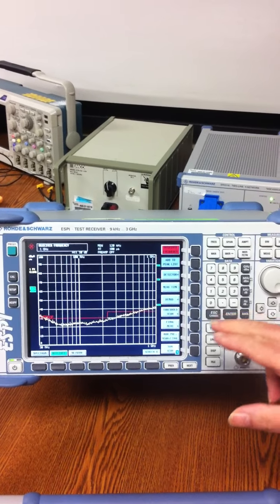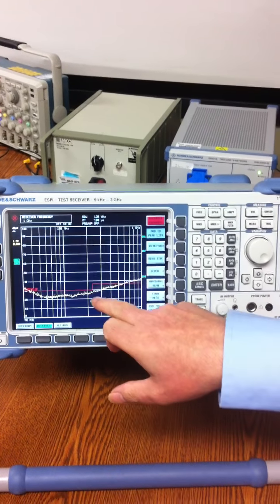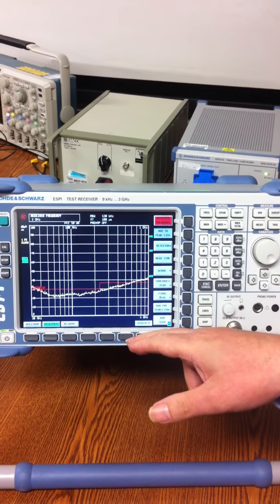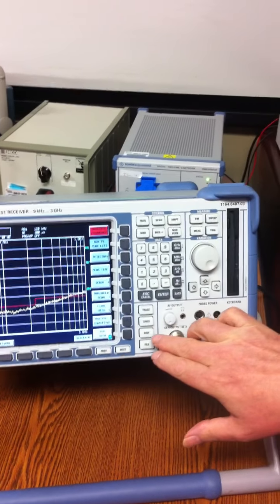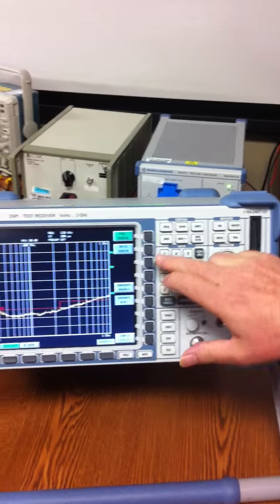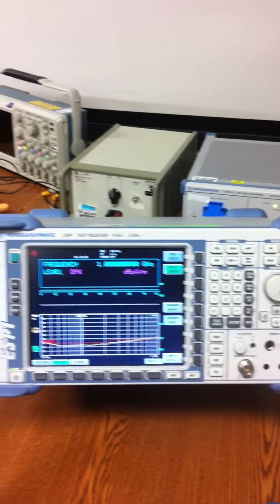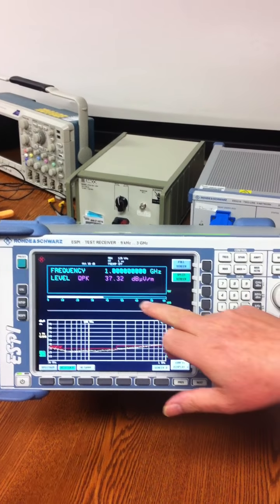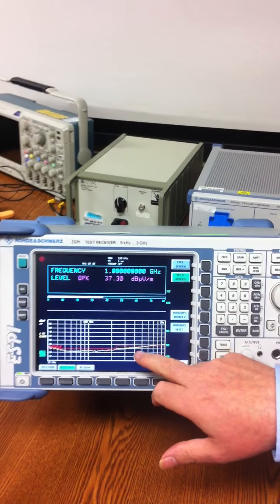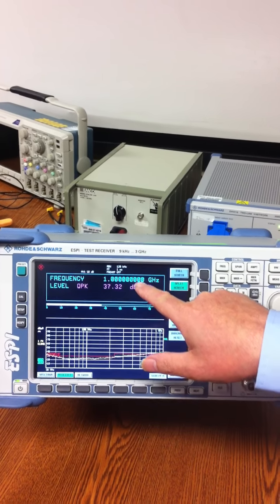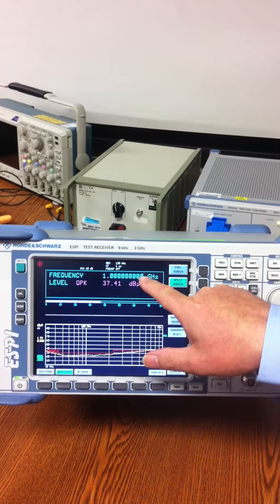In order to get an idea what happens at that switching frequency all the time, you have to change the display mode to split screen. That gives you the chance to see what it actually measures at a certain frequency. The frequency is given as 1 gigahertz right now.